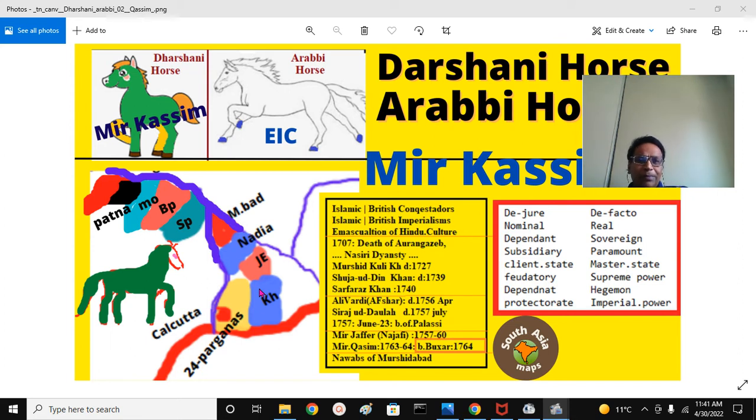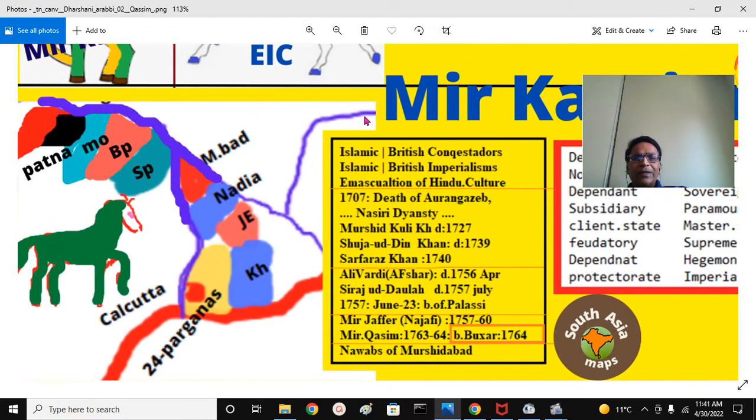After Aurangzeb, the Mughal emperor, died, Murshid Quli Khan was the ruler of practically independent Bengal, Subedar of Bengal, succeeded by Shujauddin Khan, who passed away in 1739, succeeded by Sarfaraz Khan, who ruled for only a few months, overthrown by a subordinate at Patna division, the Naib Subedar Ali Wardi Khan.